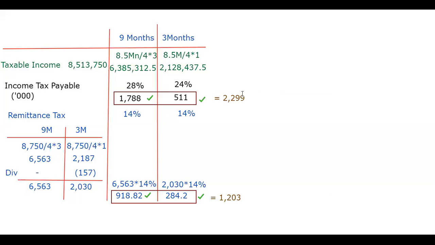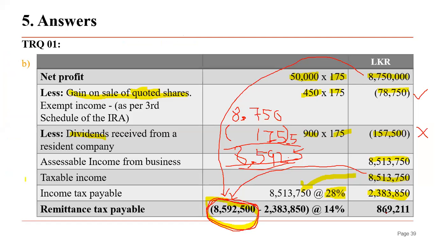Let's compare the previous law and the new law. Just see how much is the difference. Then they totally paid 2.3 million as income tax.